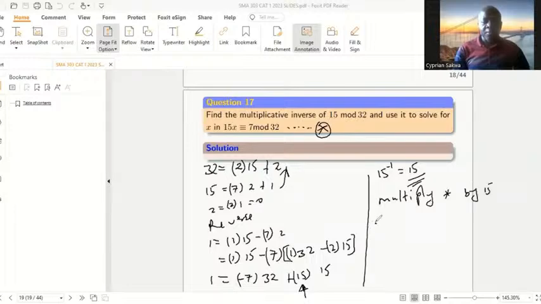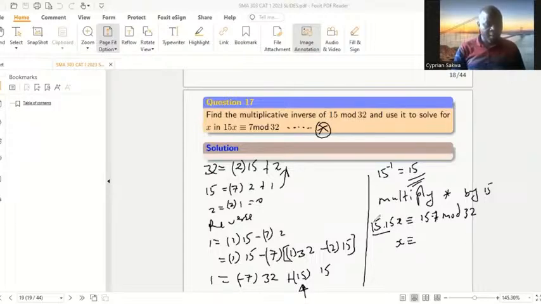When I multiply by 7 on the left side, and this side also multiplied by 7, this first bit gives me 1 times x, which will be x. And this other one, 15 times 7, this is my calculator. 15 times 7, I get 105.